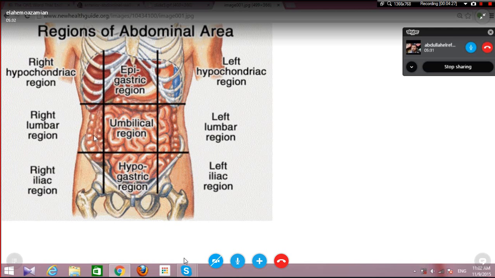Okay. We need 9 regions. 1, 2, 3, 4, 5, 6, 7, 8, 9. So how many lines do we need for 9 regions? 4 lines. 2 vertical or sagittal and 2 transverse or horizontal line, right? What are our vertical lines?